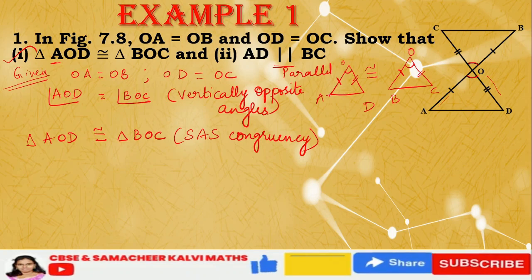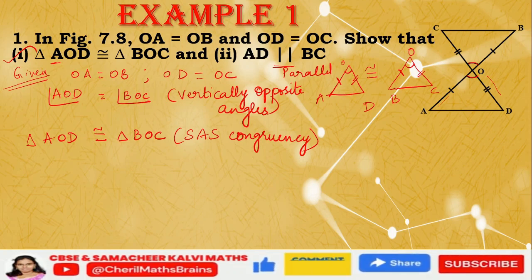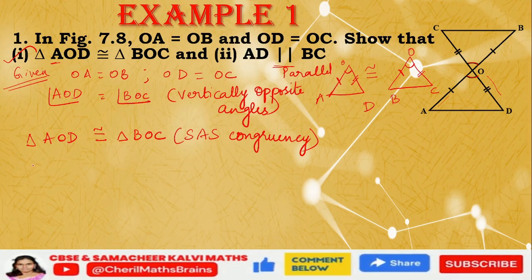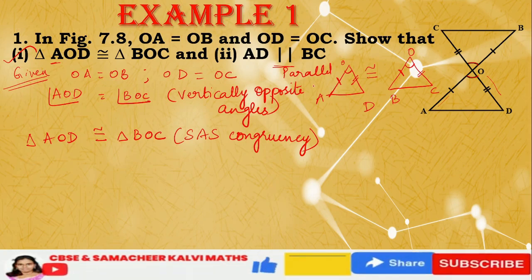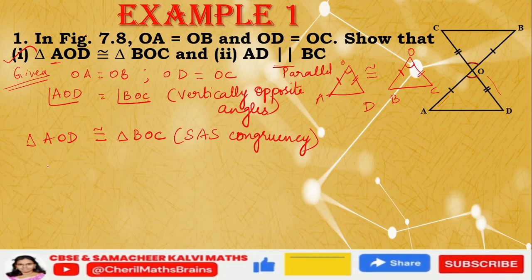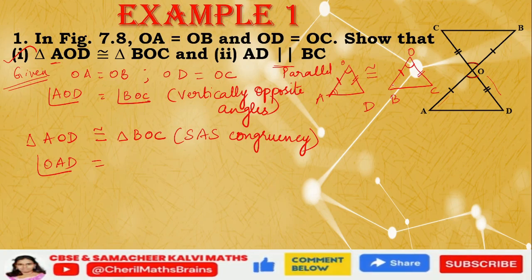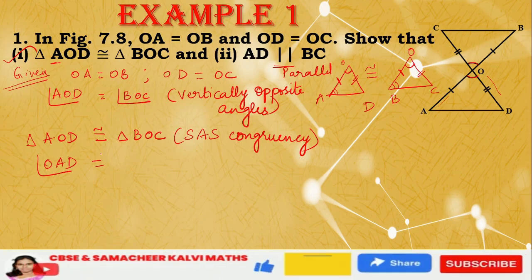Now we know that these two triangles are congruent. If these two triangles are congruent, then we can also say that angle OAD is equal to this angle, so angle OBC.